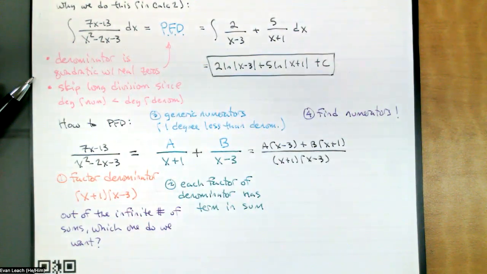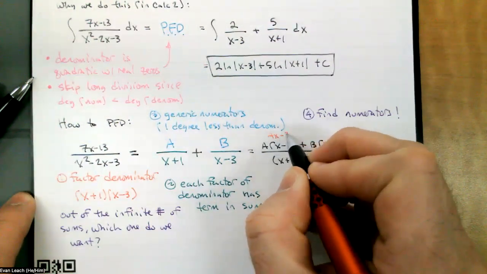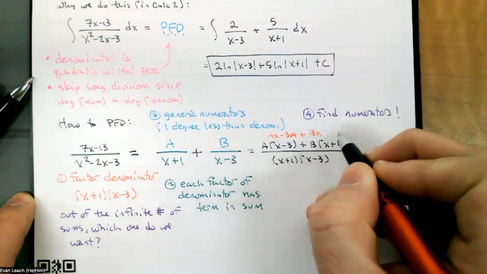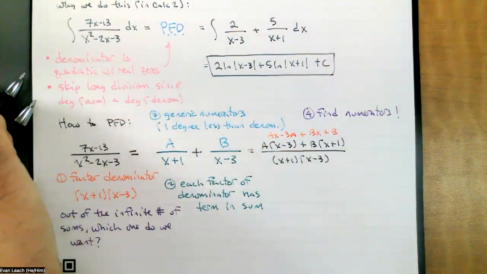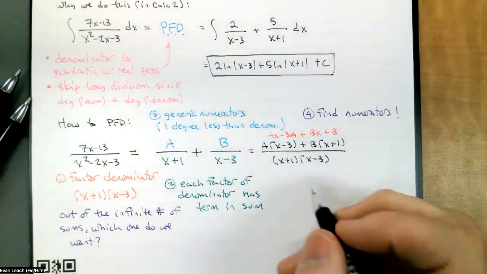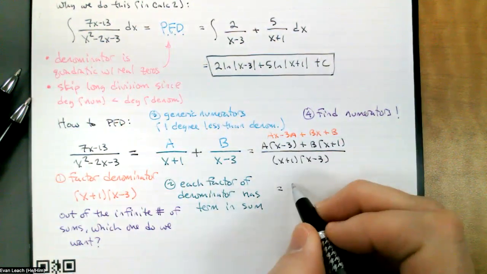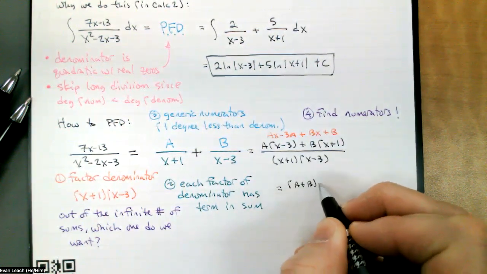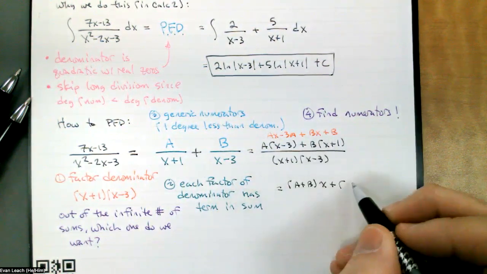To do that, we just add the fractions. So for our x terms, I have a plus b multiplied by x. And for a constant, I have negative 3a plus b.